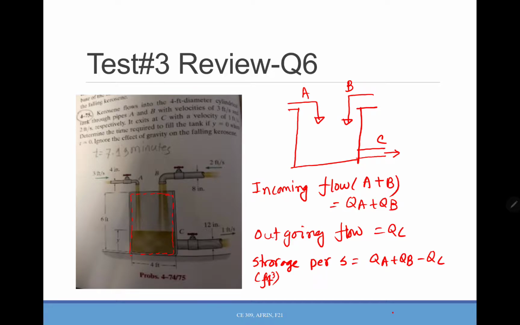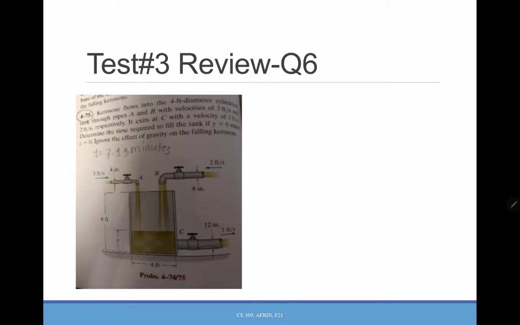So what you can do, you will calculate the volume of the tank. This is most probably a cylinder, yes, so pi r square h. Okay, so it will be some value.